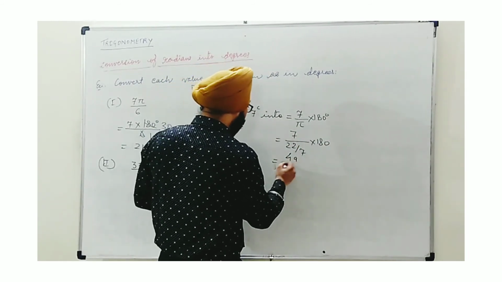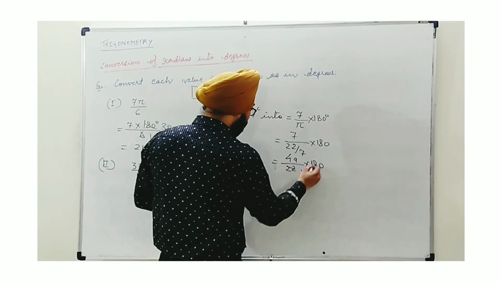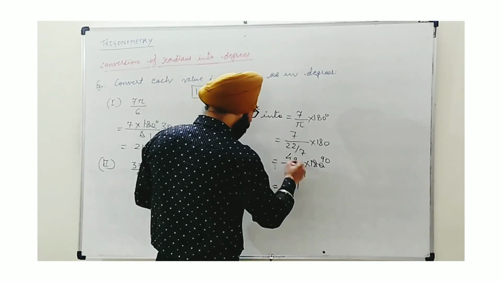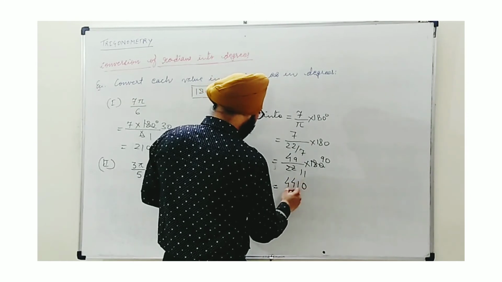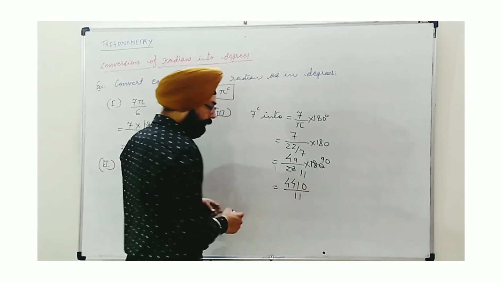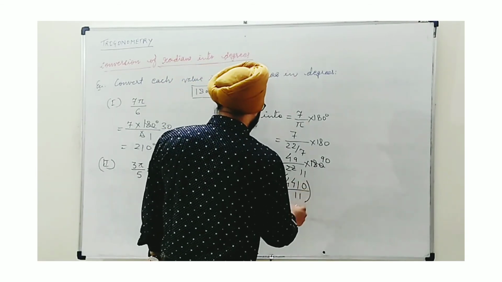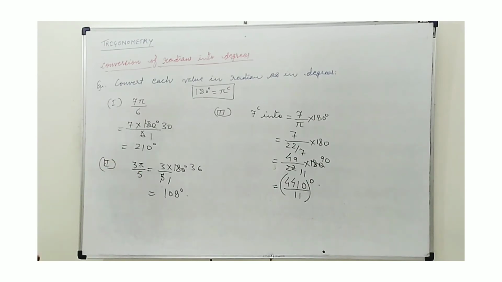We get 49 by 22 into 180. It comes 11, 90, 9 9s are 81 and 8. 9 4s are 36, 8. 44. 4410 by 11. Now you express this as decimal or keep it in fraction, but this has become in degrees. Further, you can follow the instructions.